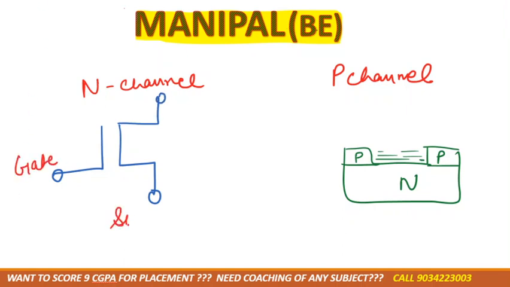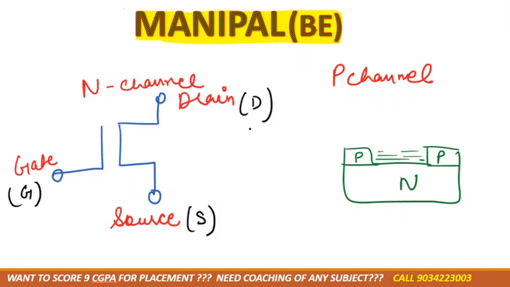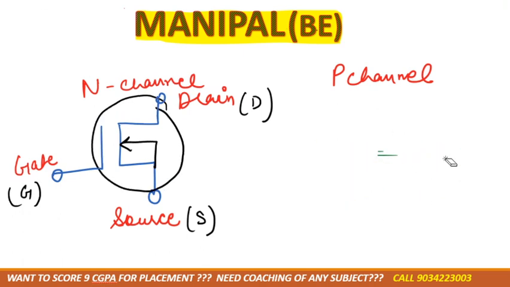This is the gate, denoted by G, source is denoted by S, drain is denoted by D, with an arrow and a circle. This is for the N channel. For the P channel, everything is the same, but the arrow is on the opposite side.